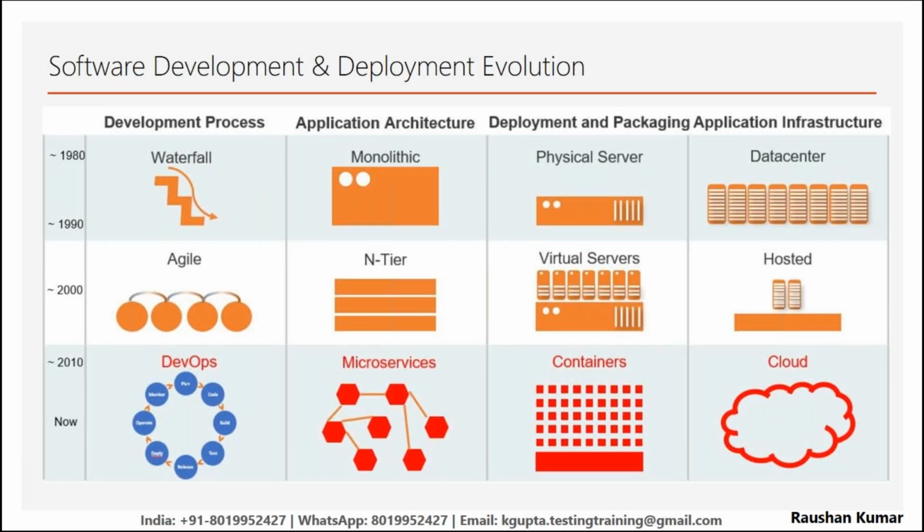If you look at the software development and deployment evolution, we can clearly see that we have transitioned from waterfall, maybe back in the 1980s to 1990s. We used waterfall for software development, our SDLC, and then we transitioned to agile. We are still in agile, I would say more than 60% of companies are still in agile, and they are trying to transition to DevOps.